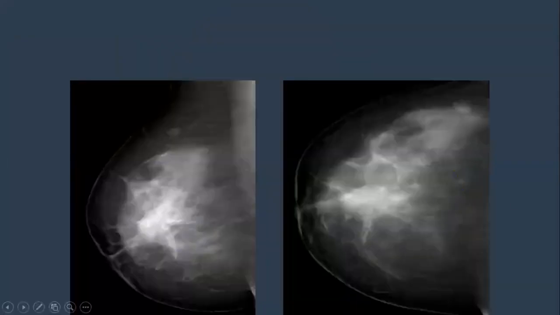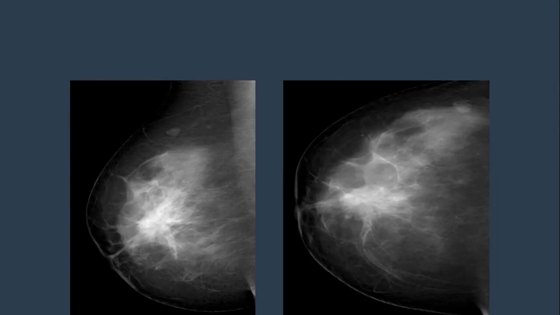Another example. Quickly. Go ahead. There is an area of architectural distortion at the center of the breast, behind the nipple, with associated nipple retraction, and before nipple retraction there are no other associations, and associated lymph node enlargement, intramammary lymphadenopathy.